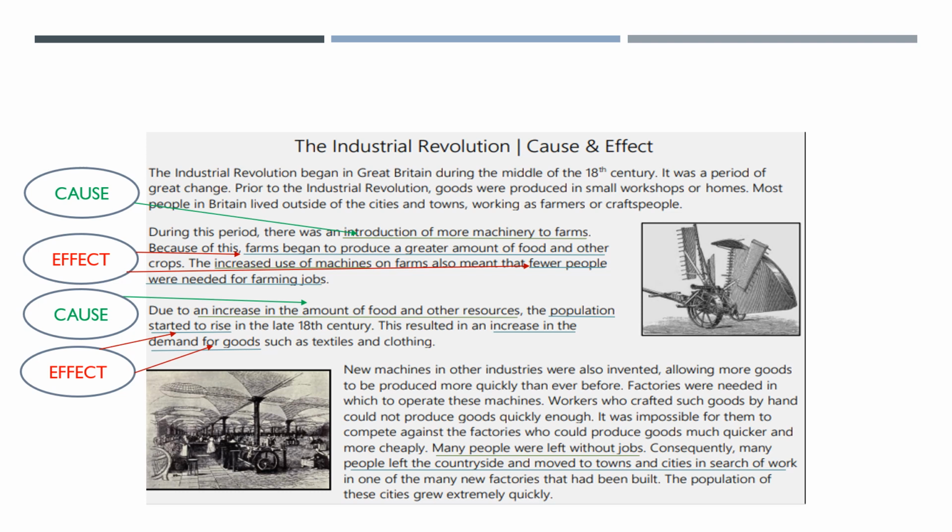Another linking word identified is this resulted in. So the cause is an increase in the amount of food and other resources. And the effect is that the population started to rise and there is an increase in the demand for goods such as textile and clothing.